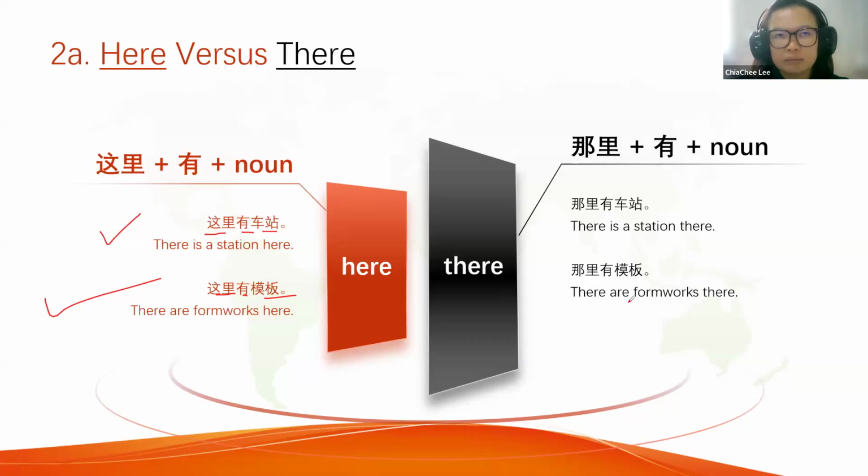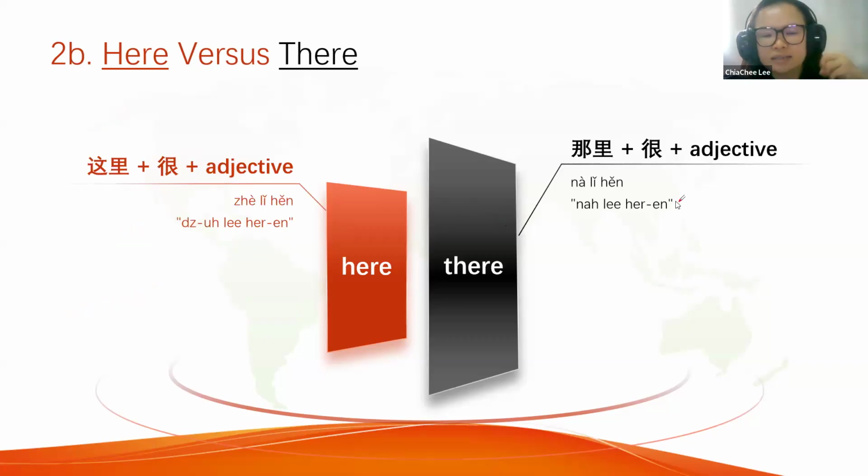Instead of saying I'm at this campsite, I can say campsite 123, there are form words there: 营地123那里有模板, 营地138那里有模板. So these are simple sentences we can construct using here and there, with 这里有 and 那里有. These are just descriptions we use to explain to people that there are some things here and some other things there.